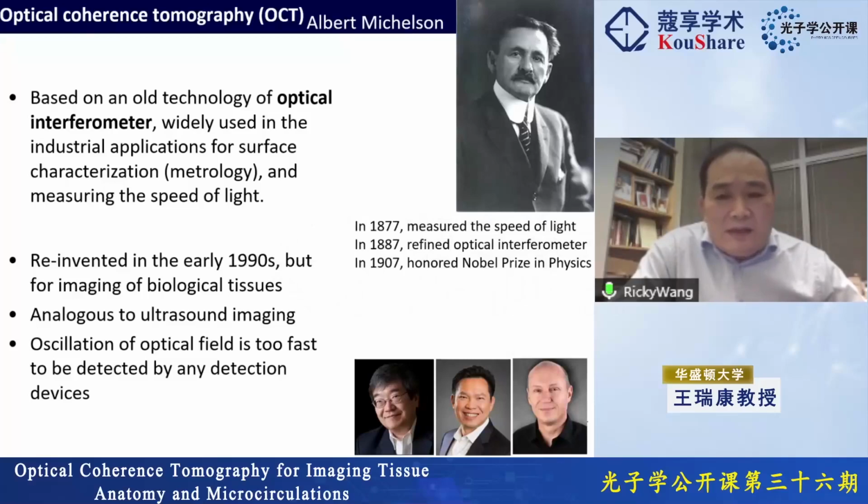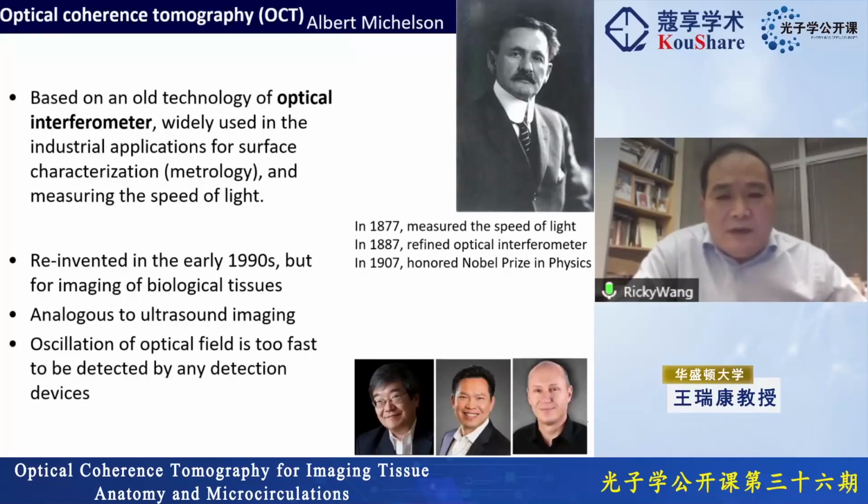However, over the last 150 years, the interferometer was only used for industrial applications. As I mentioned, the majority of use is to measure the distance, or surface roughness, or to measure the speed of light to find the stars in the universe, right? And nobody thought that the Michelson interferometer could look at human tissue.